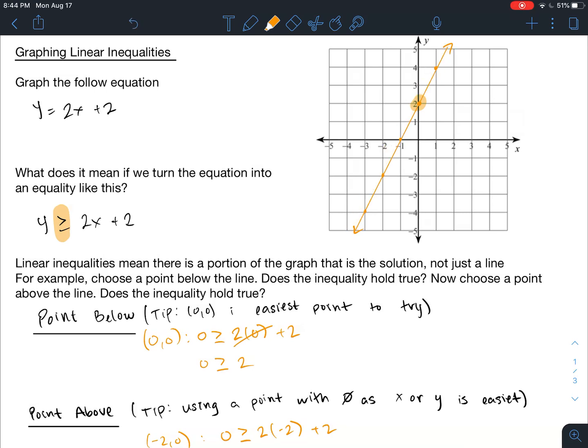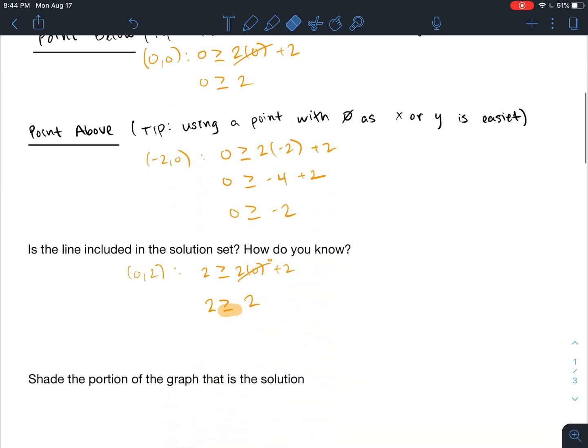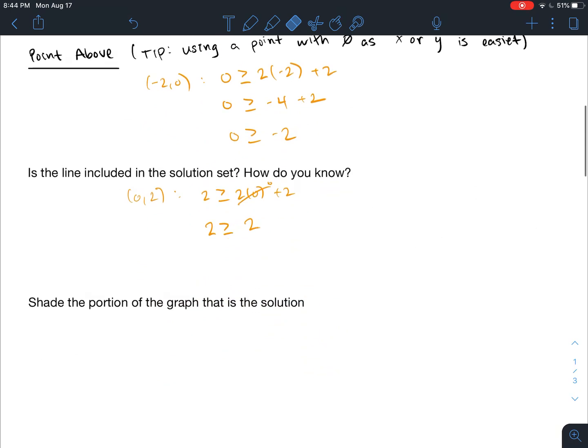The line is included. But what if I change this to, I got rid of the equal sign. So is 2 greater than 2? It is not. 2 is not greater than 2. 2 is equal to 2.